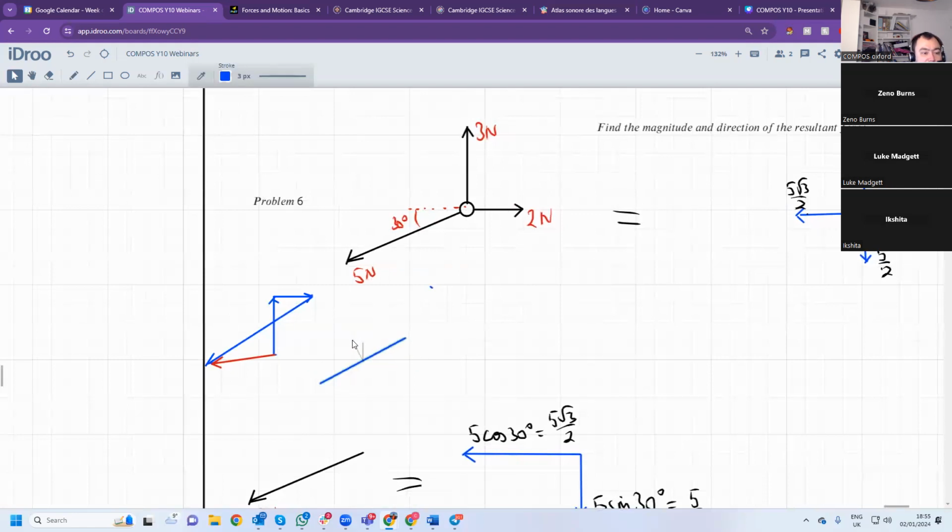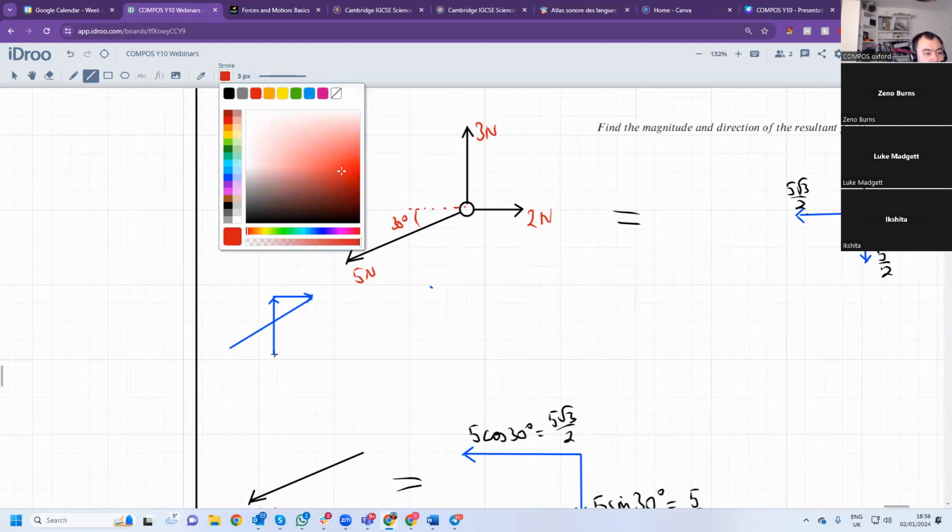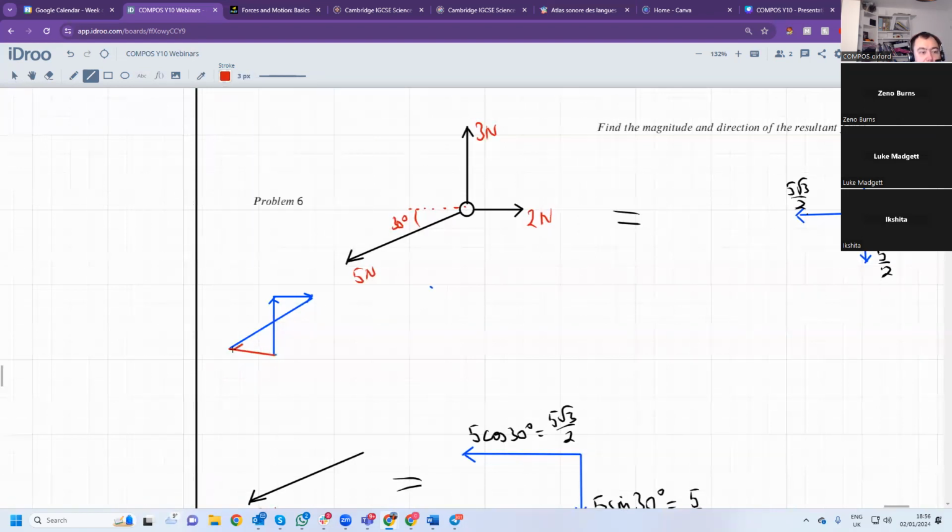At 30 degrees, this is roughly 30 degrees, so it should be here. Which is more like it.